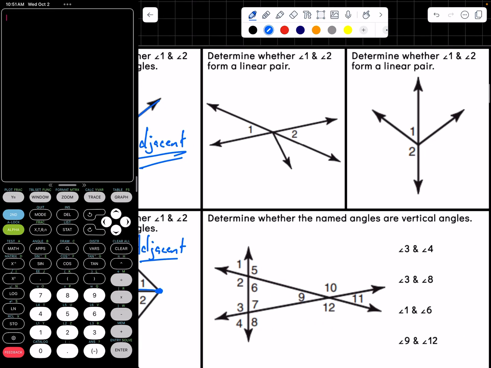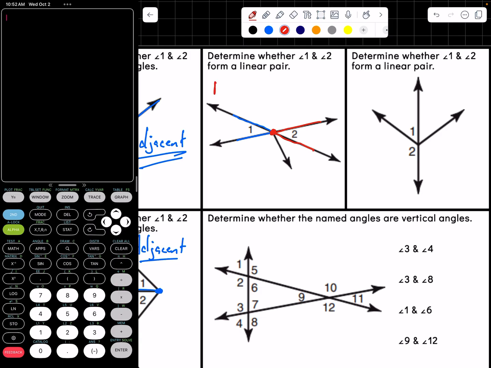Over here on the top right example, which one forms a linear pair? If I look at angle 1 and angle 2, they share a common vertex, but they don't form a linear pair because 1 and 2 do not combine to form a straight line.